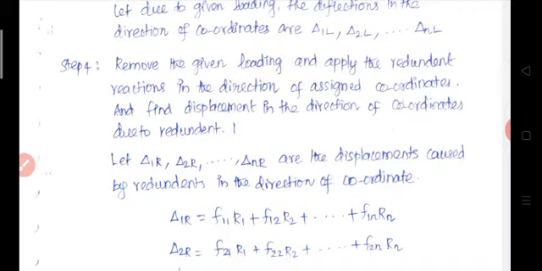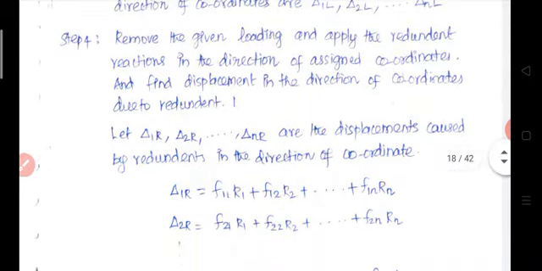We should remove the external system of forces and consider only the primary structure, but we also apply the redundant reaction in the direction of assigned coordinates. Then find the displacement in the direction of assigned coordinates 1, 2 and up to n.